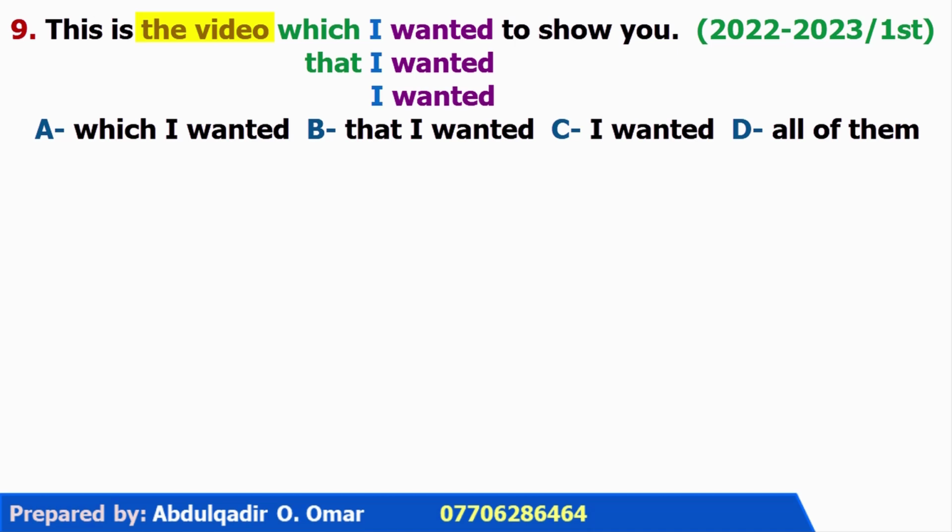Here we have the subject I. So in this case, the relative pronoun can be reduced without any change in the meaning. As you can see, in option C, the relative pronoun is reduced, but it still makes sense. So the correct answer would be D. All of them are correct.